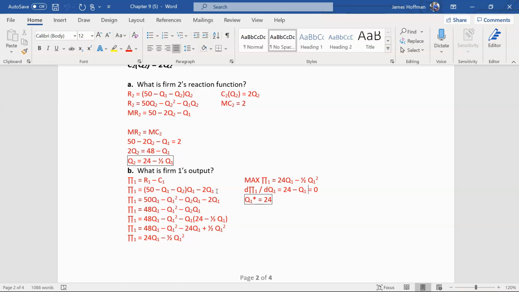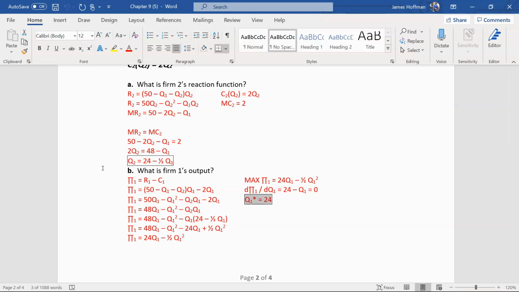And all you do now is solve for Q1, and Q1 star equals 24.